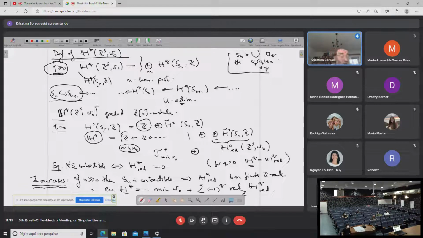So this is the definition. If I have a lattice and a weight function, then immediately we have lattice cohomology, and we can also define the Euler characteristic.